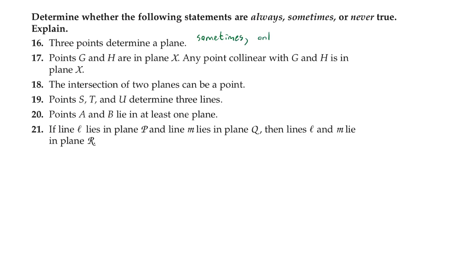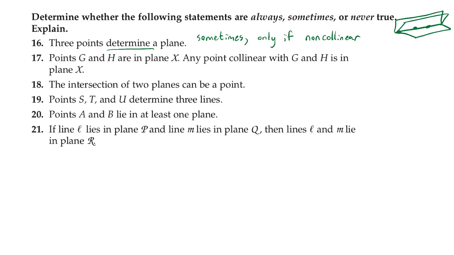It's only if the points are non-collinear, right? Because if the 3 points are in a line, there's infinitely many planes going through them. There's this plane, there's that plane, there's that plane. There are so many planes that go through those 3 points, so they're coplanar, but determine a plane means unambiguously communicate this is the one and only plane that we're talking about.